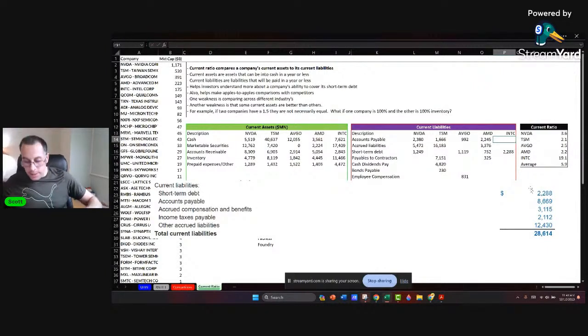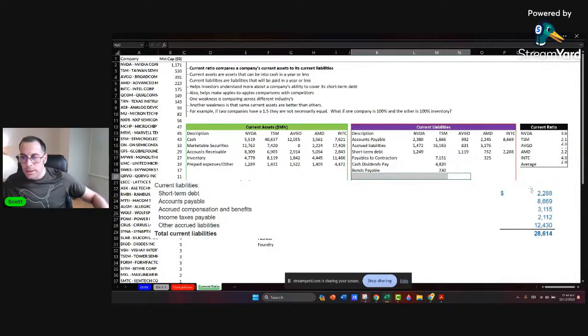Usually accounts payable is on top, but maybe most of their accounts payable is due in 2 months. Accrued compensation. I guess I could just put this with accrued. Probably the same thing.